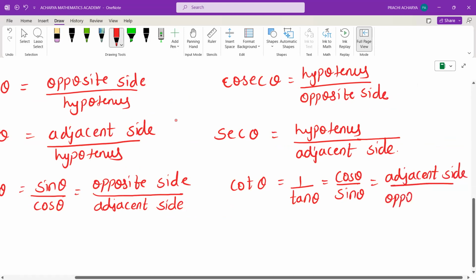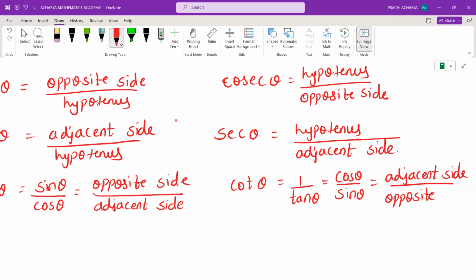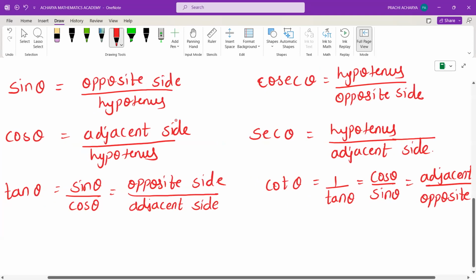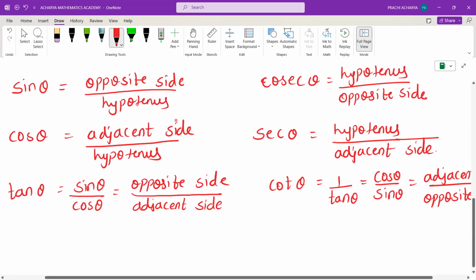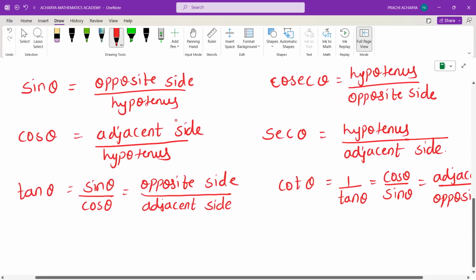In any way, मैंने आपको दो तीन तरीके याद रखने के बताए हैं. Either you can do actual calculations for cosec, sec, tan and cot, or once you understood कि for sin it represents opposite side in numerator, cos represents adjacent side in numerator, so other ratios you can write easily.